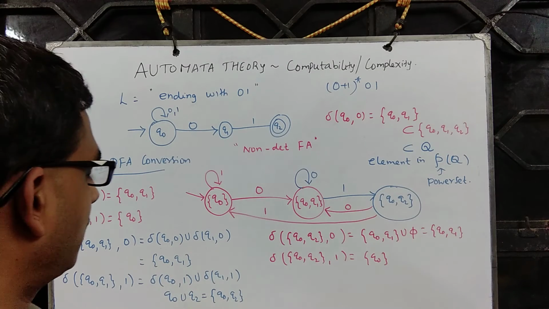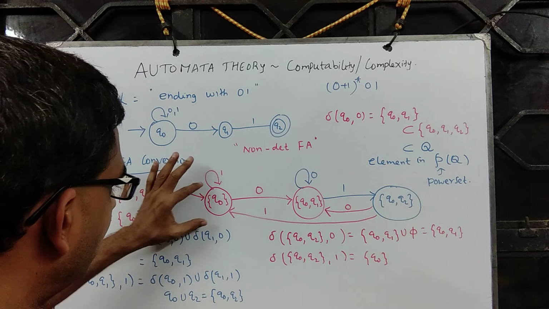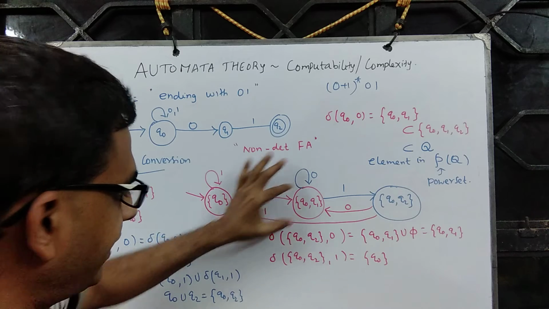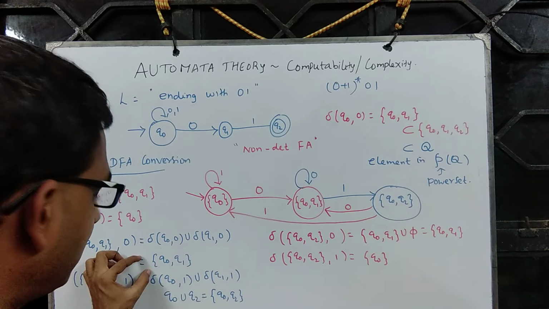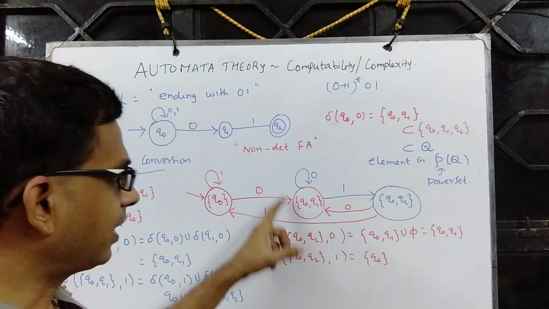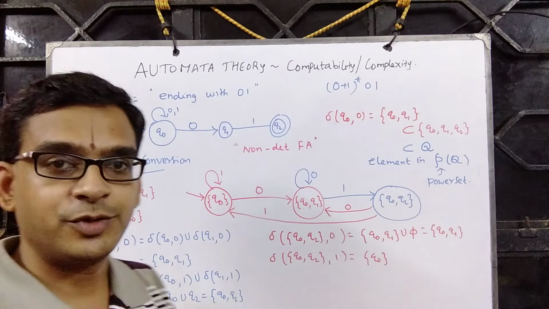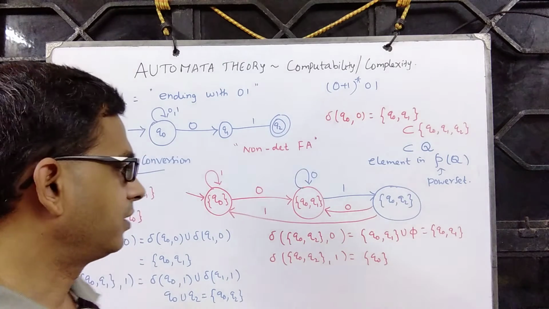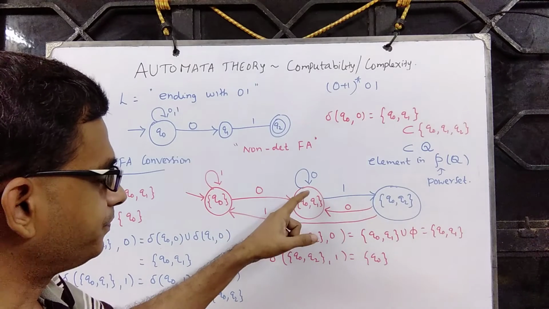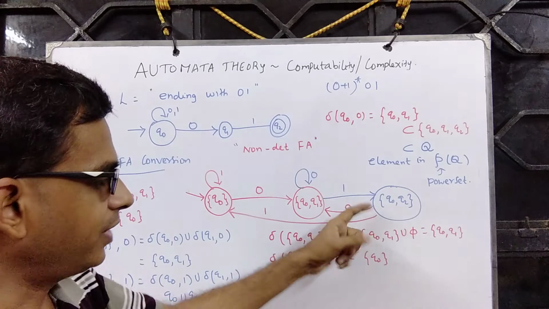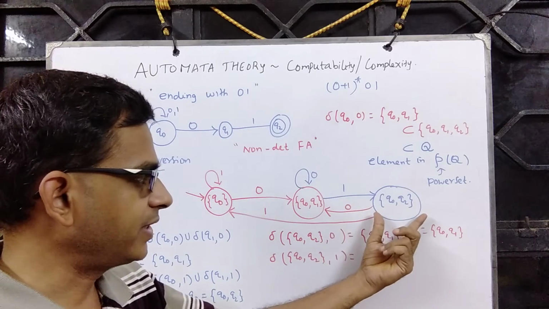That's all. So the idea is this: we start from q0. Whenever we generate a new subset, we start applying all possible input symbols from sigma. So we applied 0 and then we applied 1, and on applying 1 we generated a new subset.